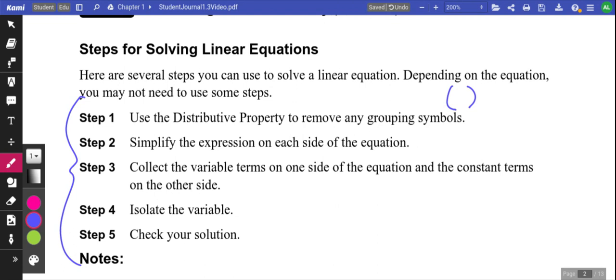Make sure each side is simplified, so combine like terms. Make sure all the variable terms are on one side and the constant terms are on the other side, which a lot of times means adding or subtracting those terms. Then isolate the variable, using those lovely inverse operations.